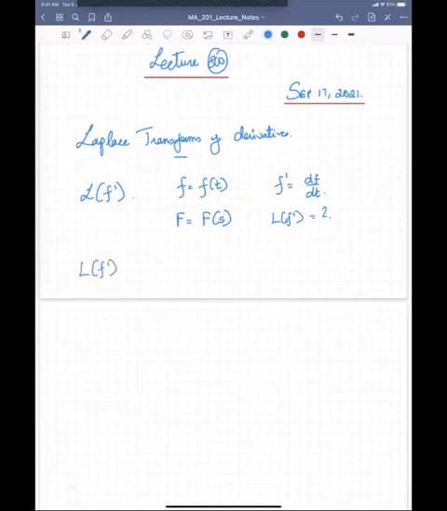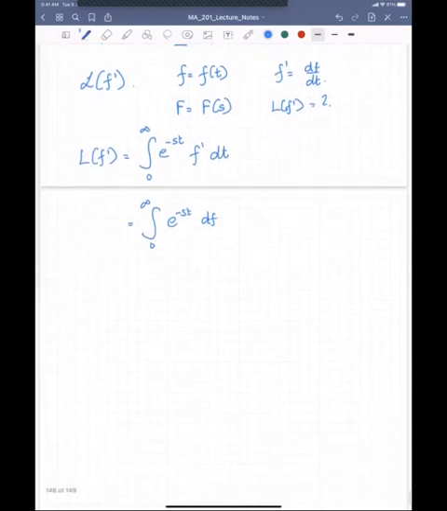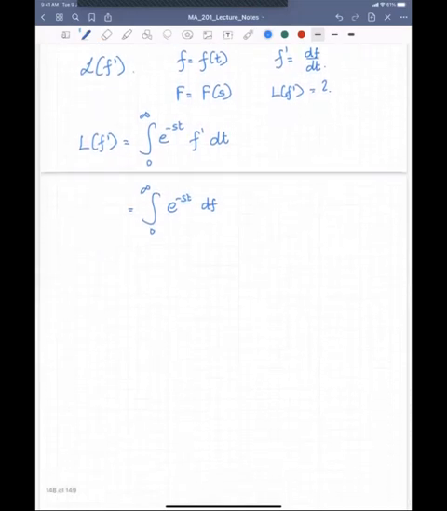L of f prime equals integral 0 to infinity, weight the function that you want to calculate the transform of by the factor e to the minus st, which is the kernel for the Laplace transformation, f prime dt. So this can be written, of course, as e to the minus st df, which invites us to use a udv formula.